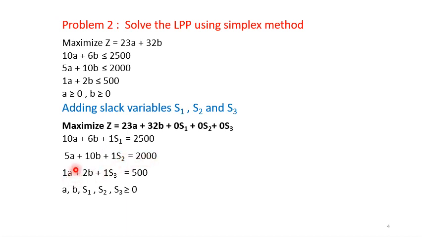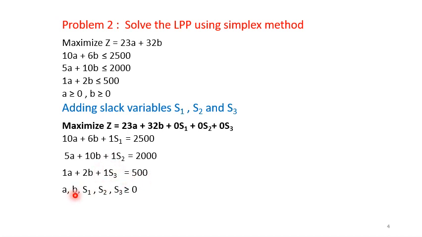In the third constraint only S3 will be there with a coefficient of 1, and S1 and S2 will have a coefficient of 0. So 1A plus 2B plus 0S1 plus 0S2 plus 1S3 will be equal to 500.